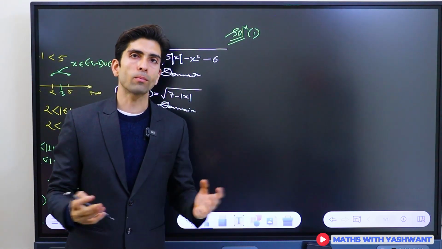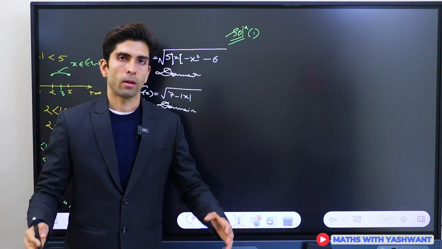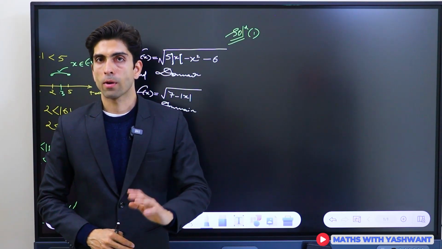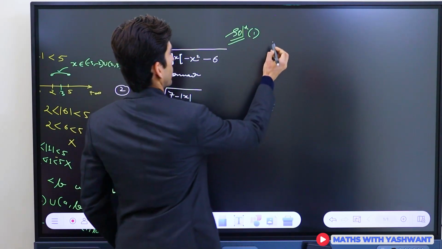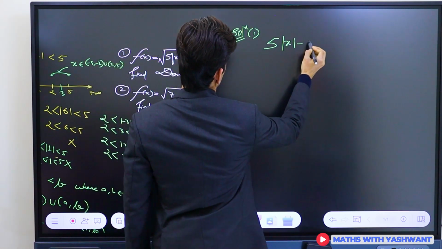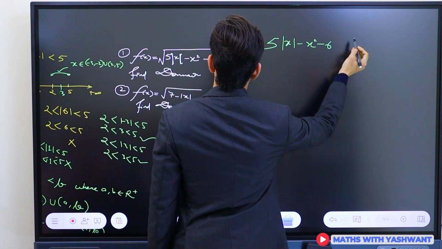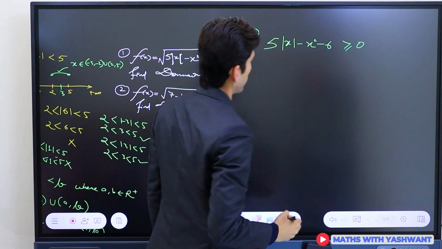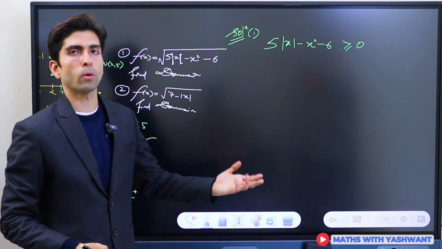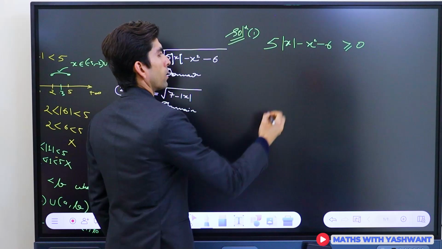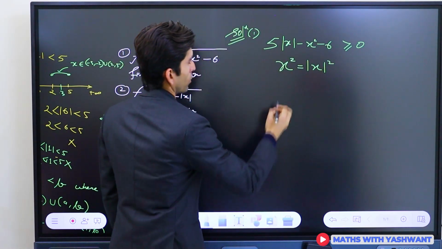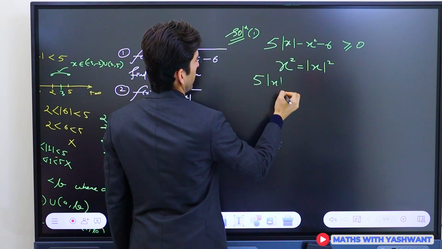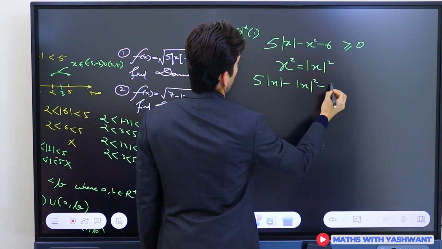So whenever something is written inside a square root sign, in order to define that functional expression, we have to make sure that the expression inside the square root sign is either positive or equals to 0, greater than or equals to 0. Now you all must be knowing that x square can also be written as mod of x square. So in place of x square, we can write mod of x whole square minus 6 greater than equals to 0.